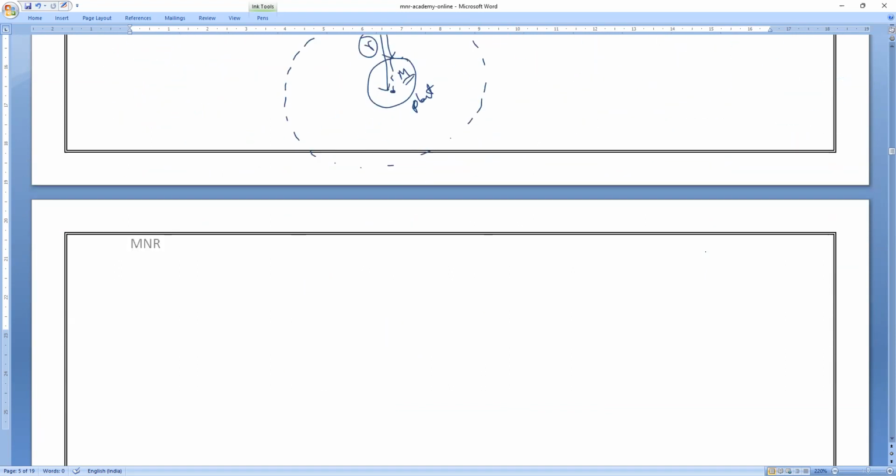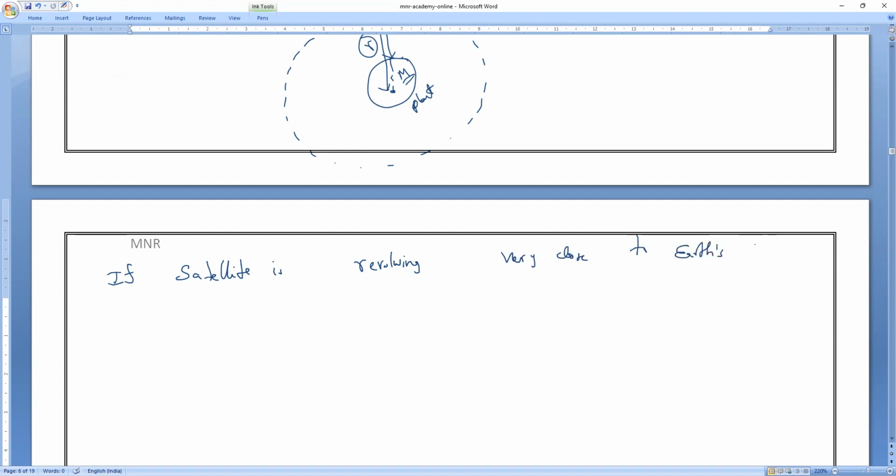Now, please remember, if the satellite is revolving very close to the earth surface.